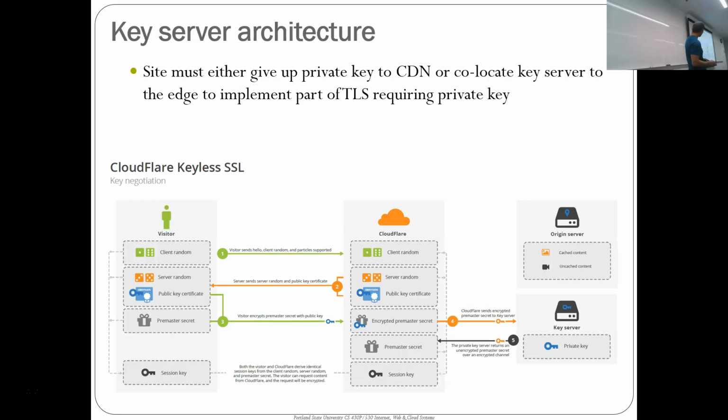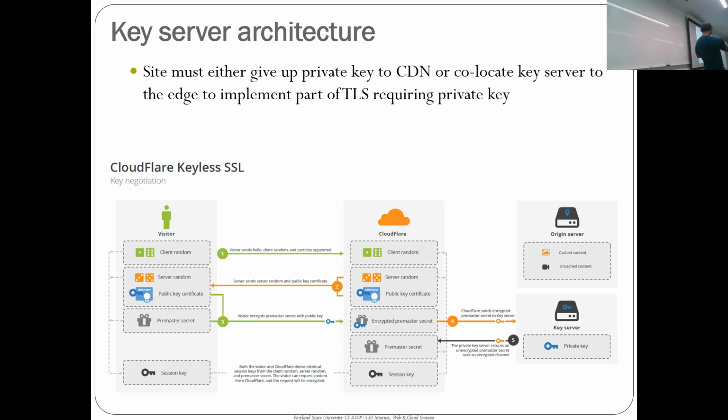So this is one of the things that they developed at Cloudflare. This is keyless SSL, where all of your web servers would co-locate a key server at the edge. Then Cloudflare will ask you to decrypt a key that's been encrypted with your private key, and this would be used to terminate the connection. So if you have a presence in the Cloudflare CDN that will be able to decrypt that certificate, you can proxy the connection there.